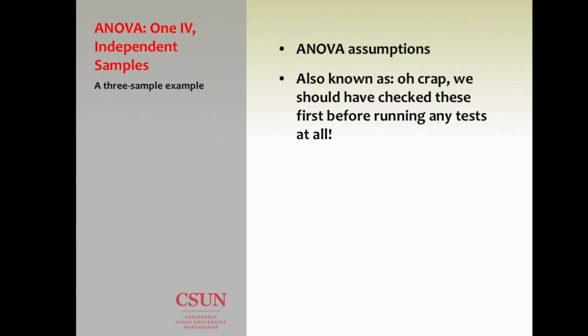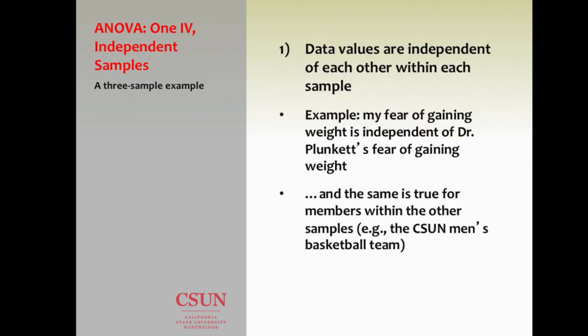So you can't have wildly strange data and run an ANOVA. You have to have certain things in place. Some of them are theoretical, others are more like numbers. The first one is more theoretical. We need our data values to be independent of each other within each sample.